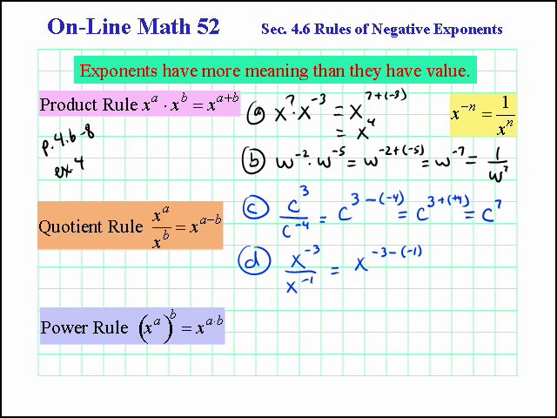But don't skip steps here because it will definitely make things confusing. That's x to the negative 3 plus 1, or plus positive 1. That's x to the negative 2. We're not done, though, with this problem because it has a negative exponent. We have one more step, and that's, again, to use the rule that we see at the top and make it 1 over x squared.